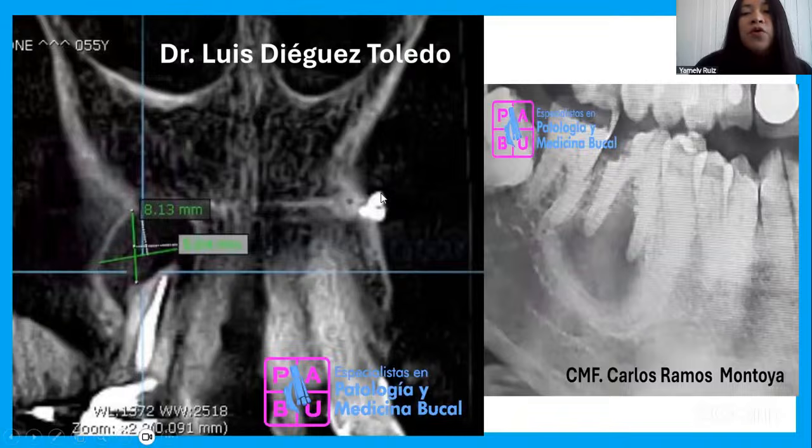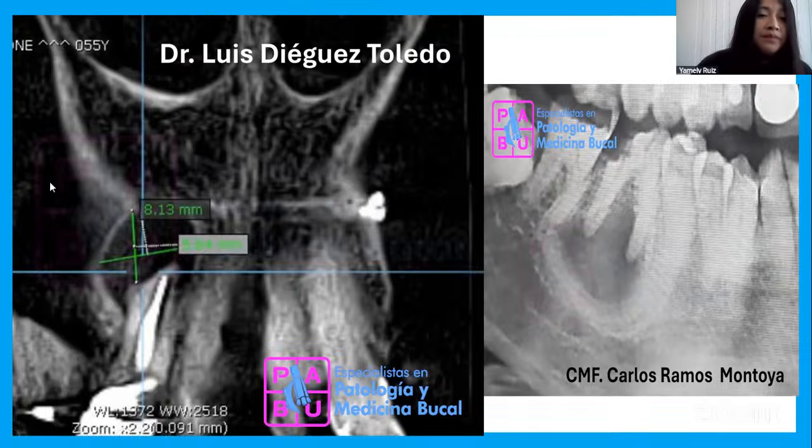So here, for example, we can see two images, one is a computerized tomography, the other one is a panoramic radiography. In the two images, we can observe the radiolucent or hypodense entity surrounding the periapical part of the teeth, here and here, for example. And the size is one of the points that many people mention, saying, oh yeah, if the lesion is big, maybe this is a periapical cyst.